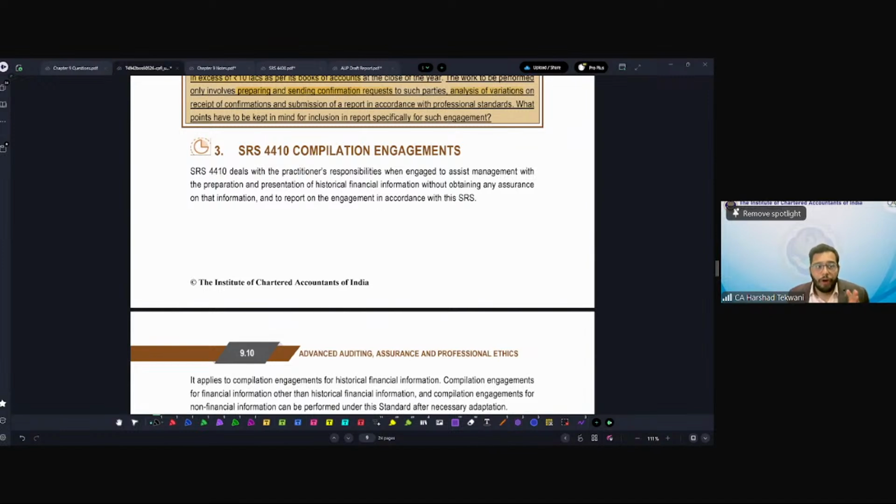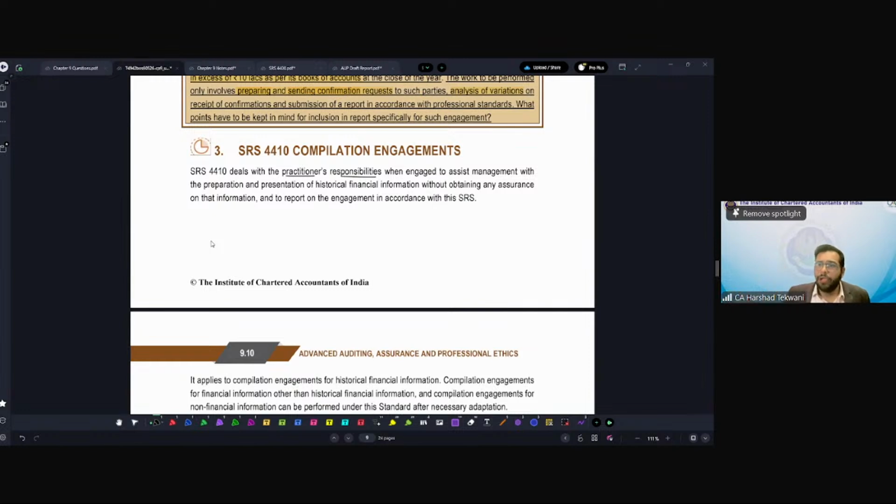Here we will use the term practitioner because an auditor cannot compile financial statements. It is the responsibility of the management. That will be a direct conflict. That's why we are using the term practitioner.